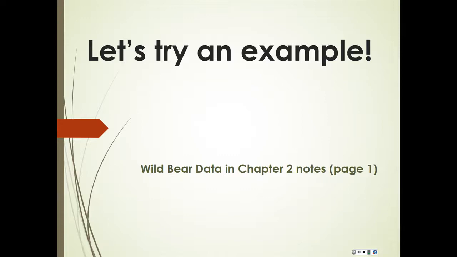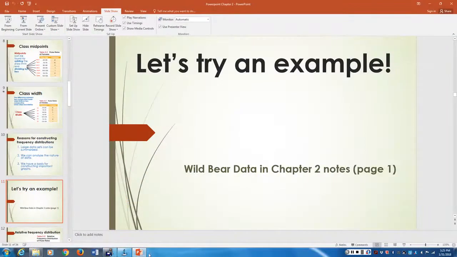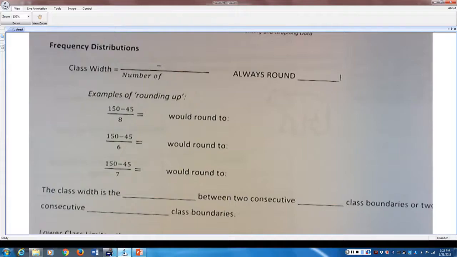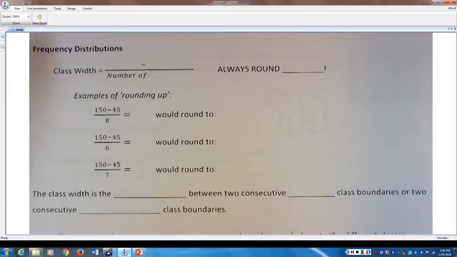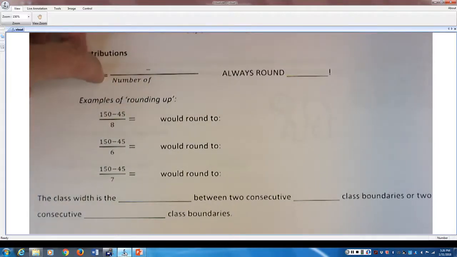So we're going to begin by actually doing an example. So in your notes, start off at your first page. I'm going to go through with you and make sure that you filled in your correct answers in your notes. But you should fill these out as you're able to go. In fact, the best thing to do is, when you have these class notes, to print them out before class.